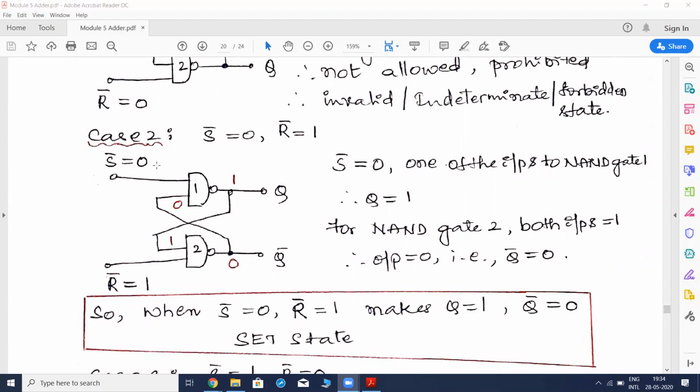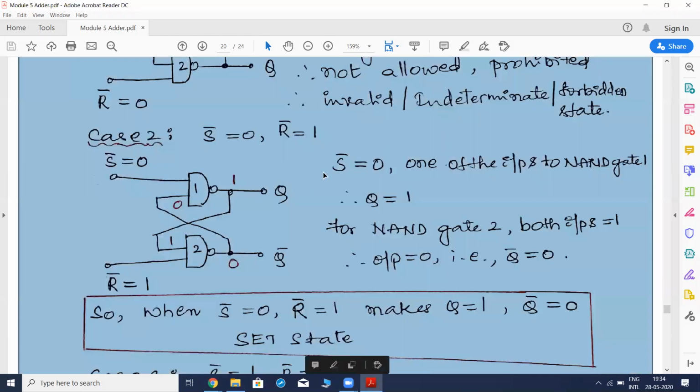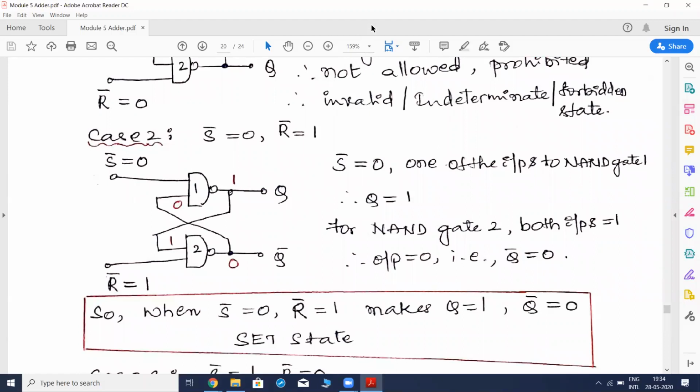Since S bar is equal to 0, we get the output Q equal to 1 over here, because S bar is 0. So that 1 appears over here. And here R bar is also 1.